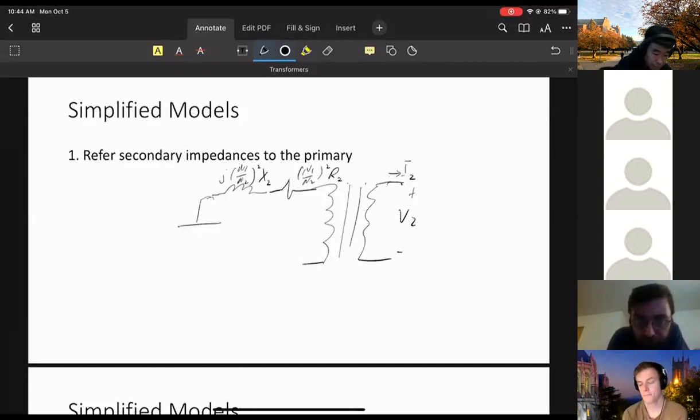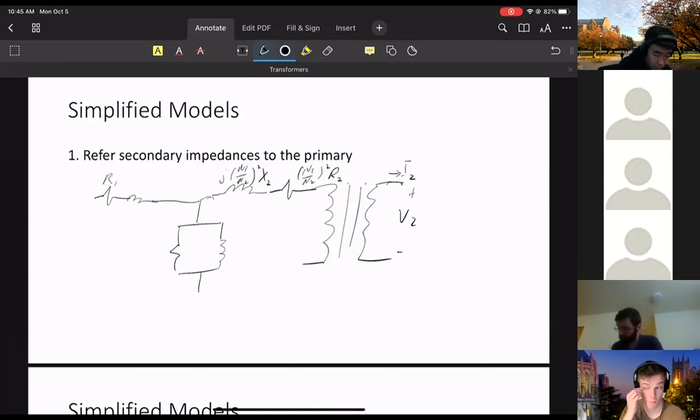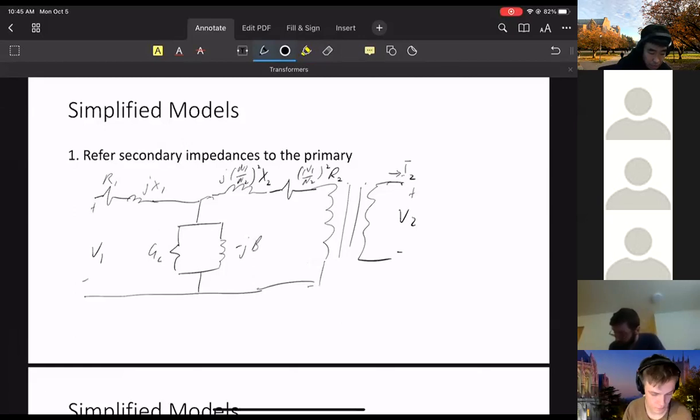I still have my shunt elements here. I have my original primary R1, jX1, V1, and this is GC minus jB.